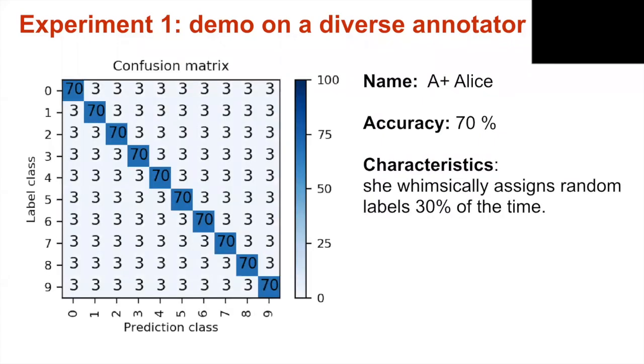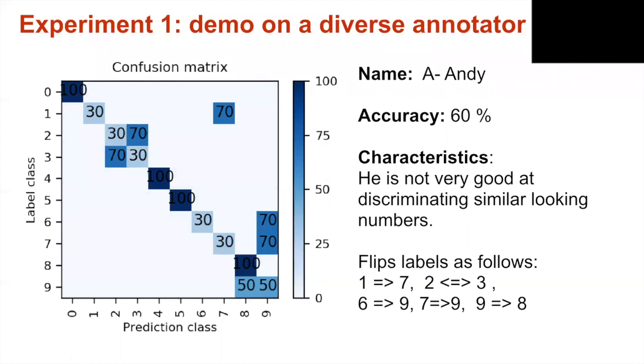First of all, Alice, who achieves 70% classification accuracy, and she has the characteristic of whimsically assigning random labels 30% of the time. And Andy, with average accuracy 60%, and he's not very good at discriminating similar looking numbers.